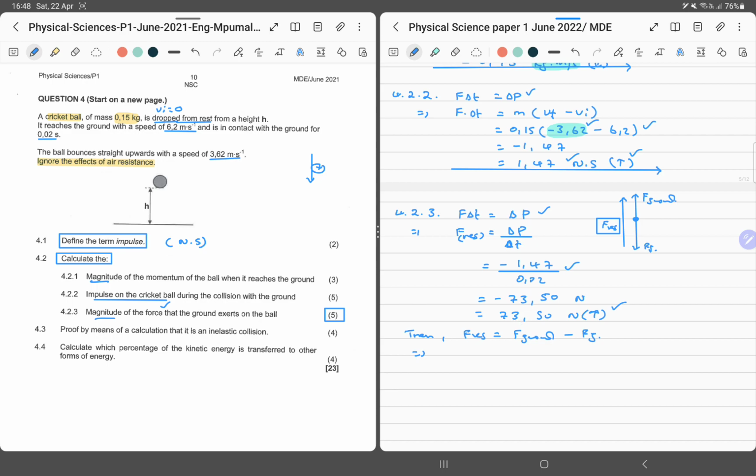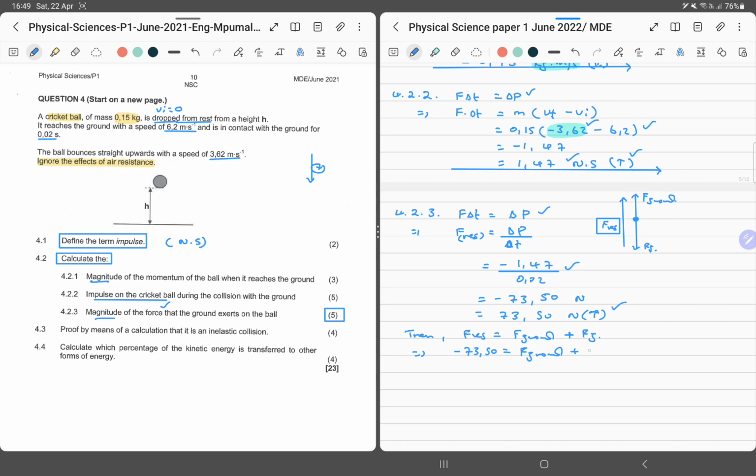So I don't know how we're going to deal with this now. We need to be smart about it. We know that vectors actually add, to try and avoid problems. So this is basically going to be minus 73,50 equals this F by the ground plus the gravitational force.